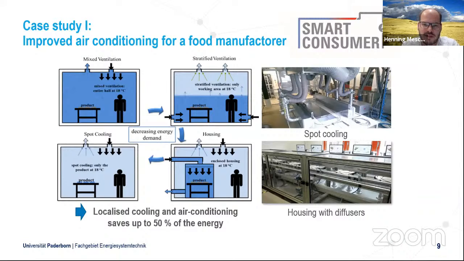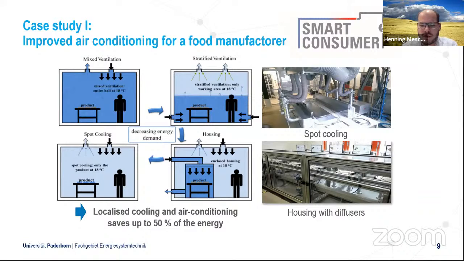So for the workers, it was too cold, but for the product, it was okay. And then we designed different measures, because the idea was that only the product has to be cooled down to 18 degrees, and in the rest of the hall, we can allow higher temperatures.